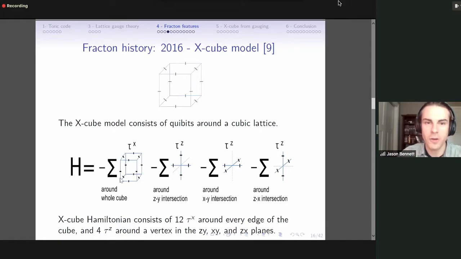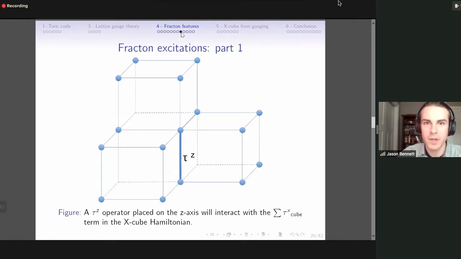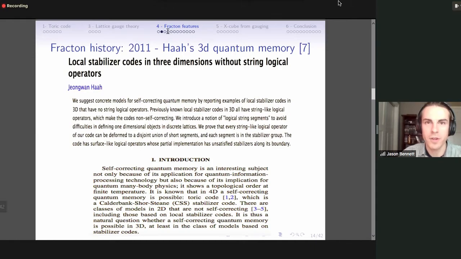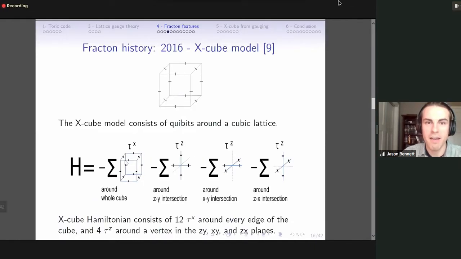And so if we put a tau z on one of these links right here, the cubes around it would get excited, because all of these cubes around it are sharing an edge. So all of those cubes around it have this term. So one gets excited, and now this whole cube is affected by the tau z on that edge.